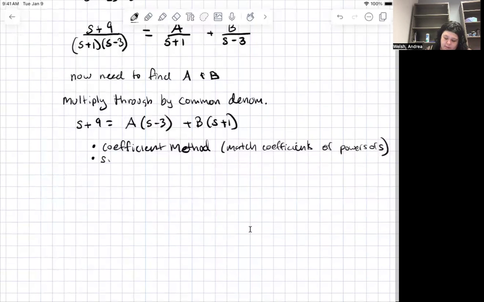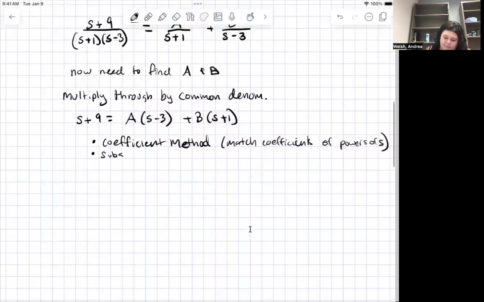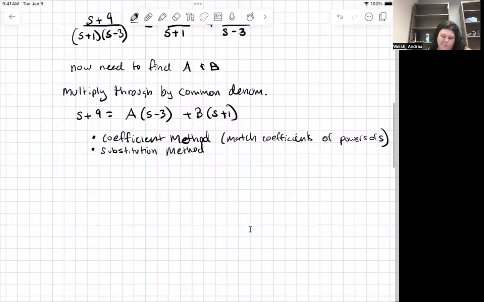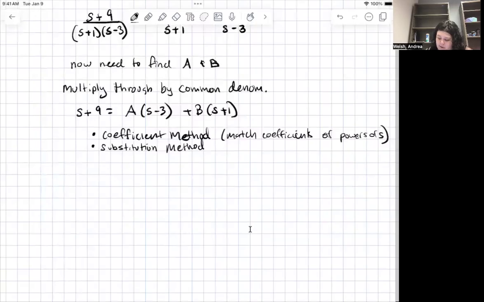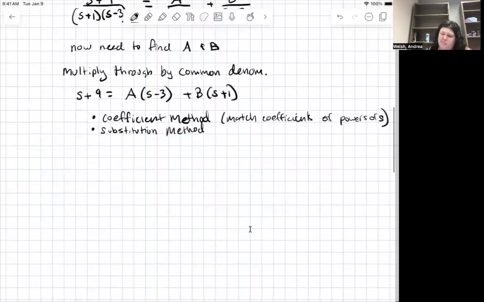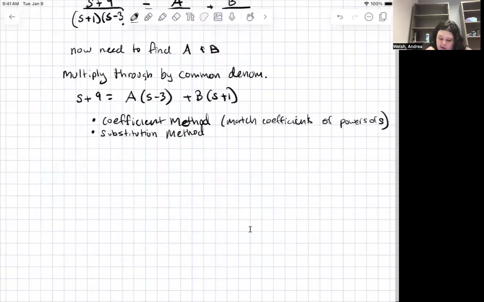There's also the substitution method, and I like this one better. If you don't like this one and you'd rather use the other one, that's fine. You can ask me questions on how to do that. But for the example right now, I'm just going to do the substitution method.